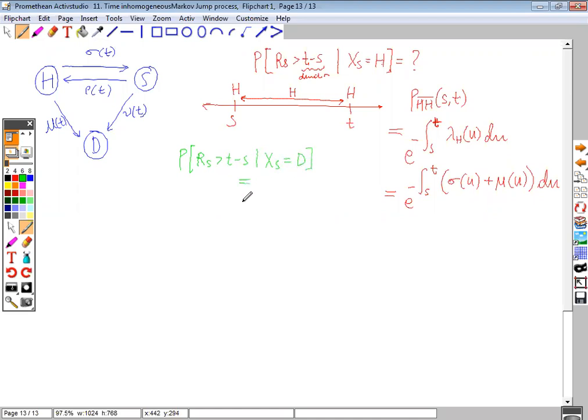Without any calculation, tell me what should be the answer? 1. 1, right? Because once you are in dead state, you will be in that particular state forever. Not only for this much of time, but forever. So this probability is just going to be 1 anyways. So I guess that is good.